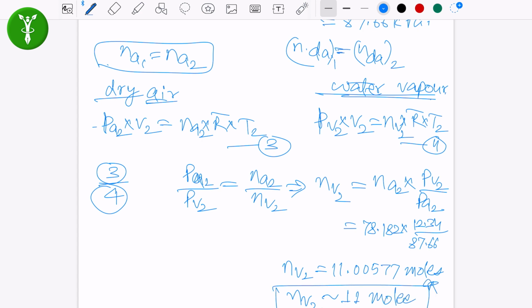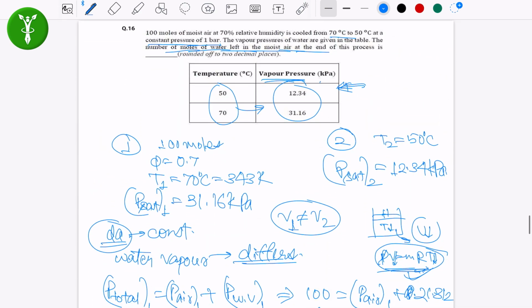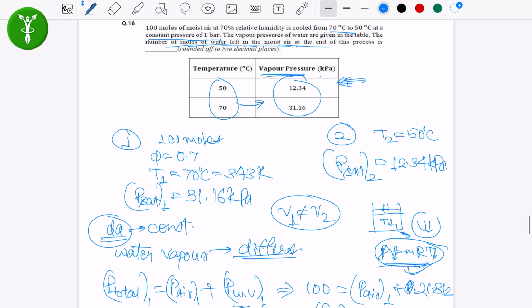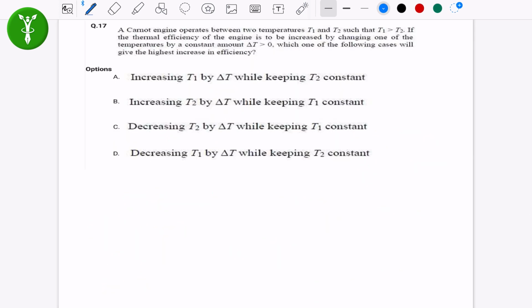So this was a somewhat doubtful question, but it was a moderate to difficult level question. Now this is a question from the Carnot engine. This is a very good question because the efficiency of the Carnot cycle is given by 1 minus T2 by T1.